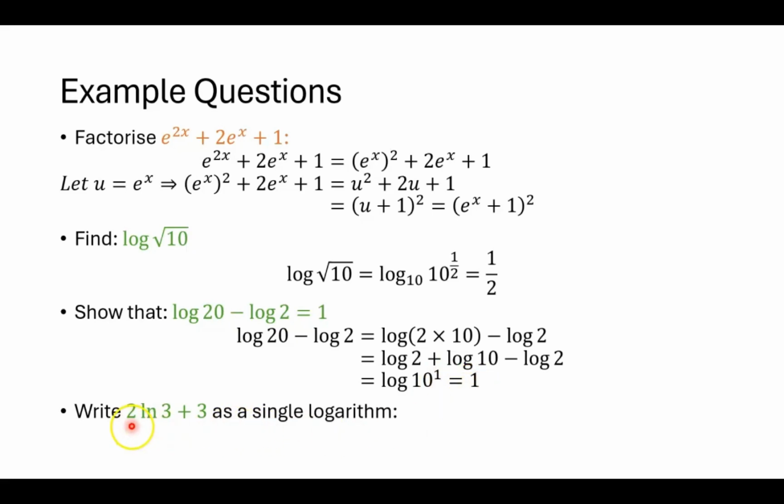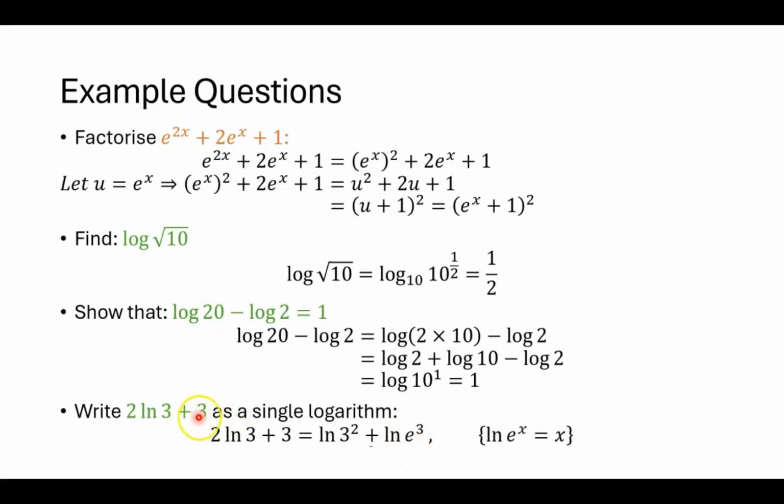And the third one is to write 2 ln 3 plus 3 as a single logarithm. Because the question tells us to write a single logarithm, this 3 obviously can't stay, so we need to rewrite it. We can record the identity that ln of e to the power of anything is just equal to that thing itself. So we can write 3 as ln of e to the power of 3.